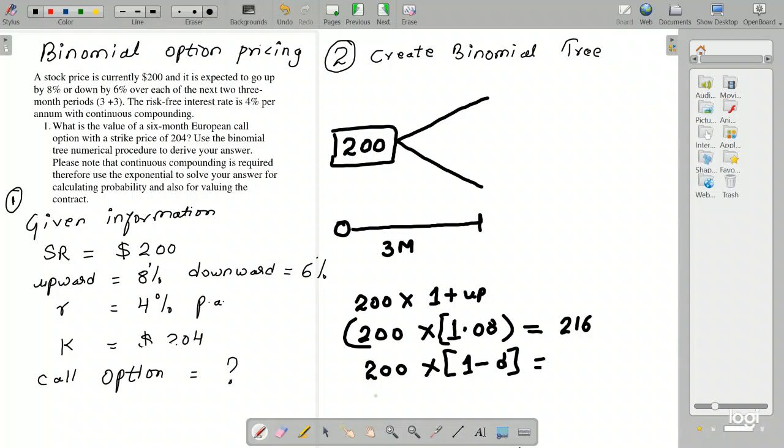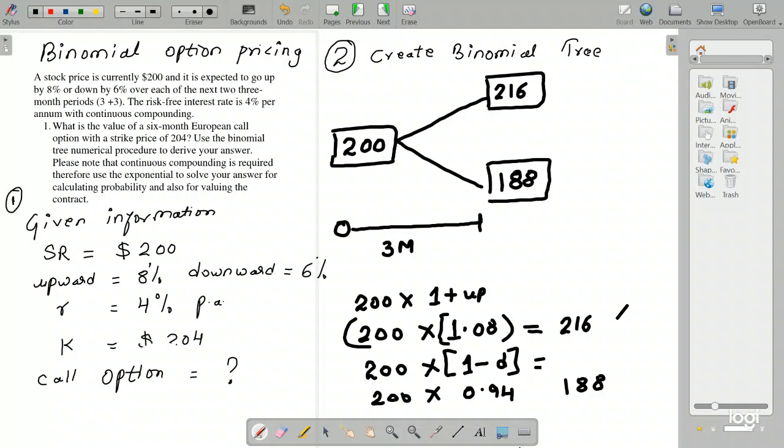So this 200 times, and down is 6%, so can I write 0.94 here? Yes, I can. So 200 times 0.94 will come as 188. So I'm going to put these two new spot rates after 3 months here, as an upward trend 216 and a downward trend 188.